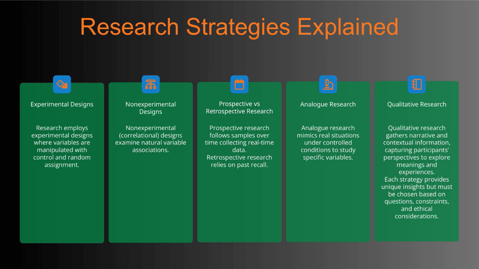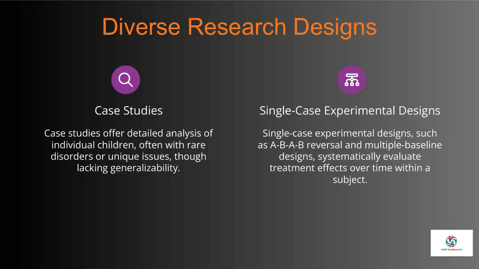and ethical considerations. When we talk about diverse research designs, two important approaches come to mind. First, case studies. These provide a deep, detailed look at individual children, often focusing on those with rare disorders or unique challenges. While they give us rich, in-depth information, it's important to remember that the findings from case studies might not apply broadly to other children because they are so specific.